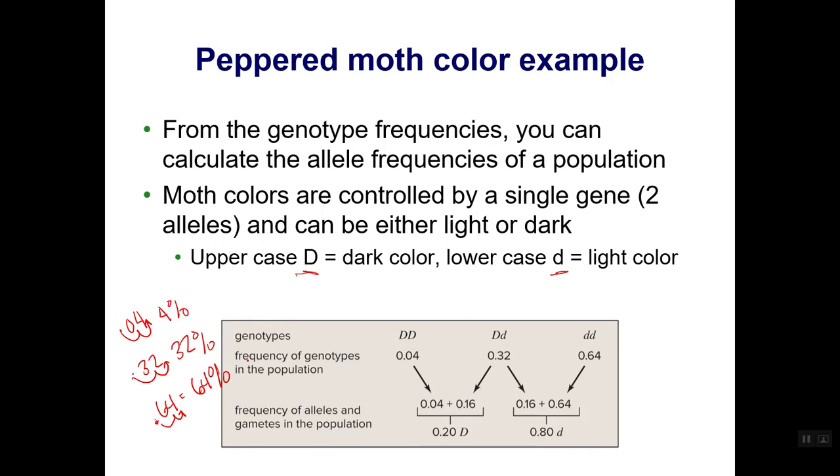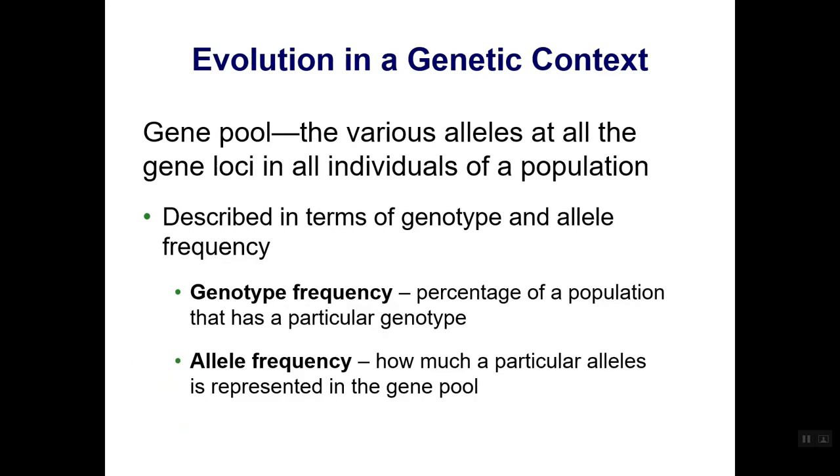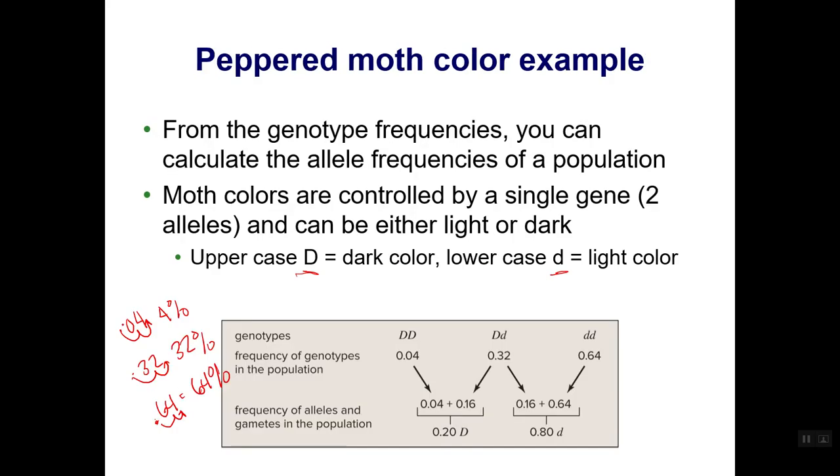I just wanted to show y'all how to get percentages, because how we defined it previously is the percentage of a population. Saying that 4% of the population has a genotype is the same as saying the genotype frequency is 0.04, because they mean the same thing.